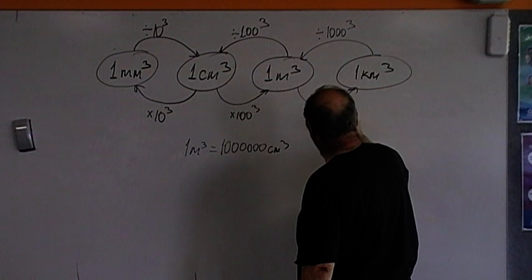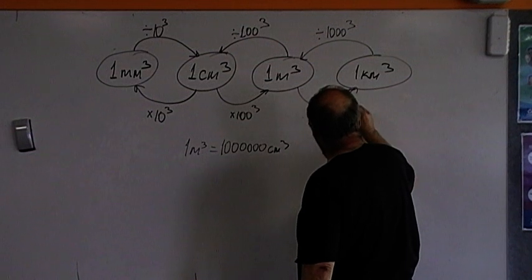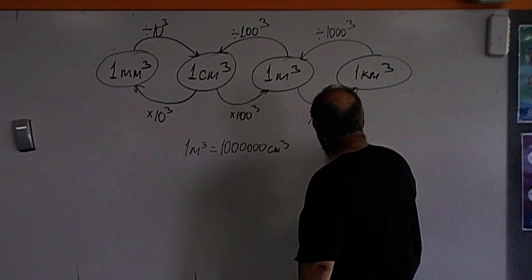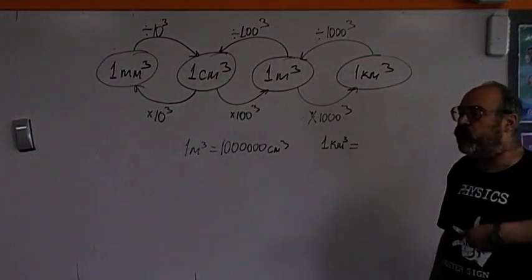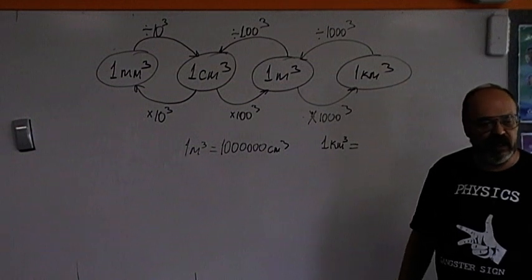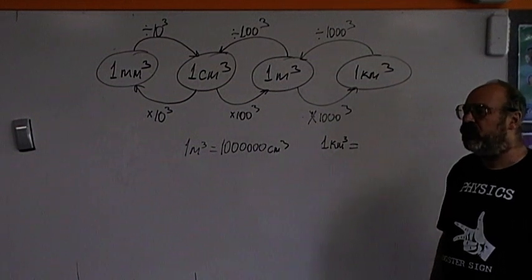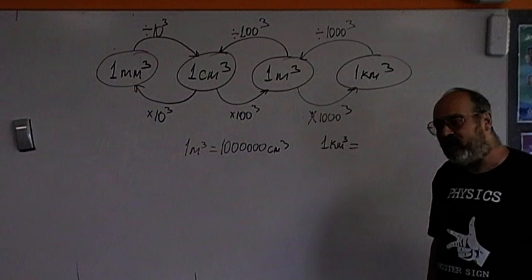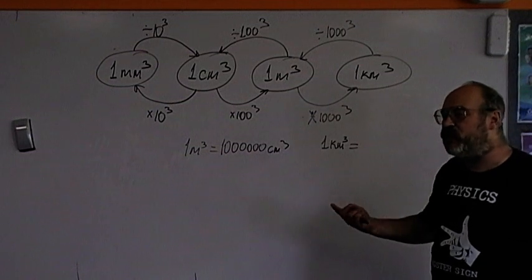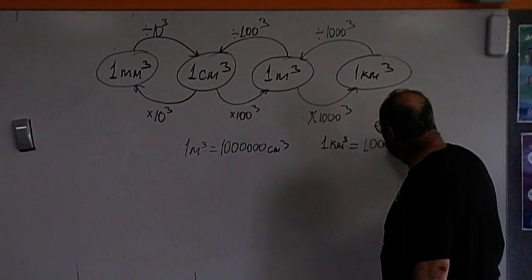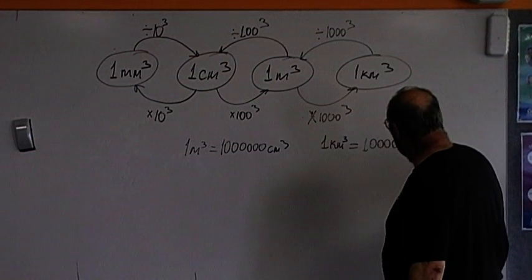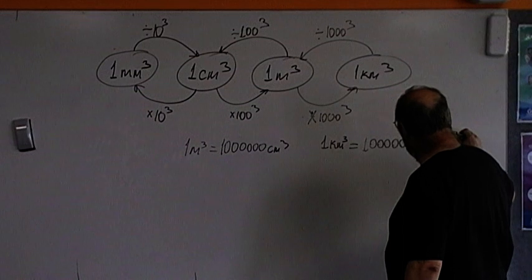So for 1 cubic kilometer, what will be the number if we cube 1,000? 1,000 times 1,000 times 1,000. 1,000 times 1,000 is a million, so it will be 1 billion cubic meters.